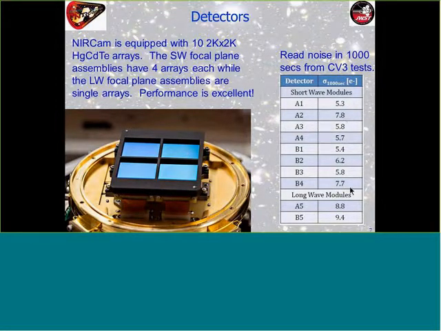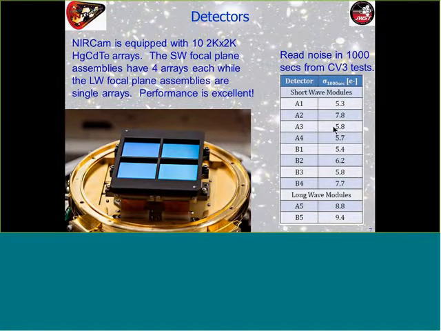The read noises that you see over in this table are in 1,000 seconds, which is what we're baselining as the nominal length for a single exposure, and then one would dither and take however many 1,000-second exposures one needed for a survey. And of course, one can take much shorter exposures.